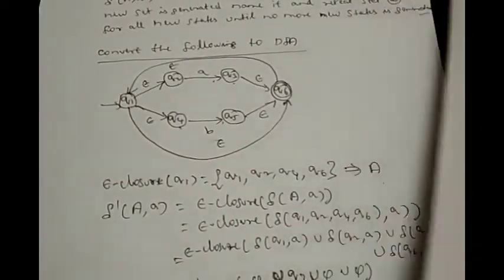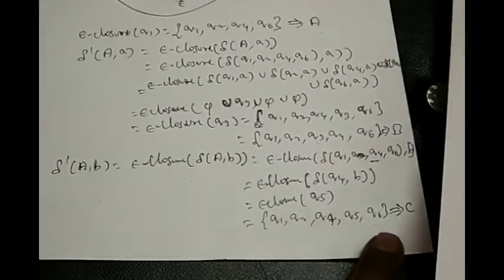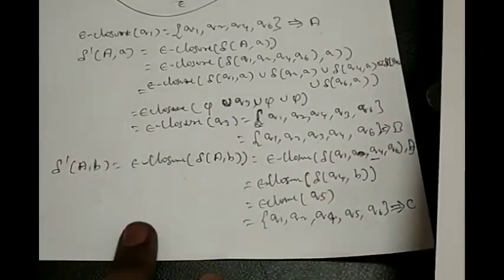Yes, you have here. So epsilon closure of q5 is generating the state called c. So in this case also I have c here. Now I am not generating anything new; an already generated state is generated again.